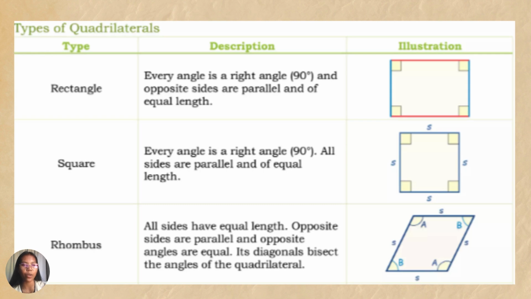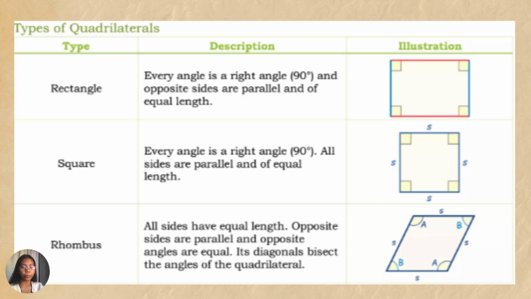Now, rhombus. A rhombus is a parallelogram where all sides are equal, but the angles are not necessarily 90 degrees. As you can see in the picture, it is slightly slanted, so it is not necessarily 90 degrees.